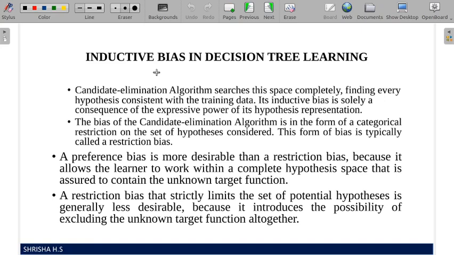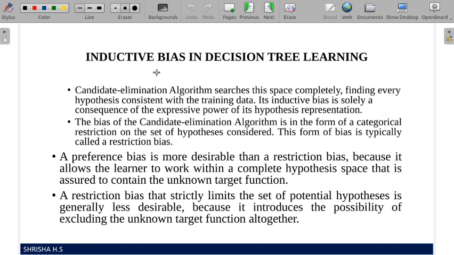We pick hypotheses depending on the specific and general boundaries, so we are putting a restriction that all hypotheses between the specific and general boundaries are accepted. That's why it is called a restriction bias.